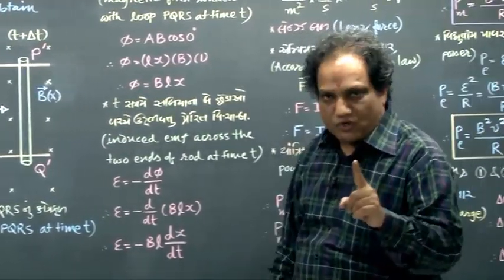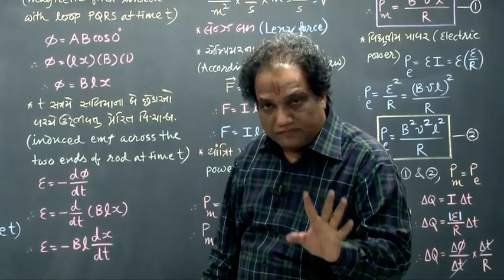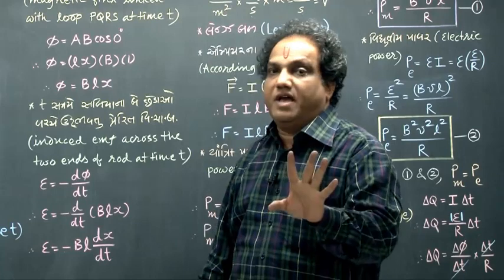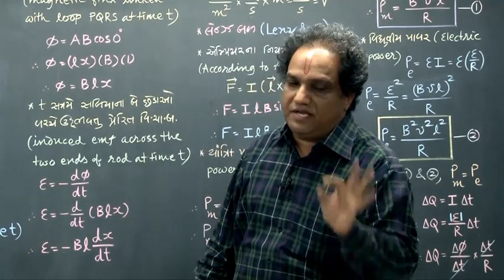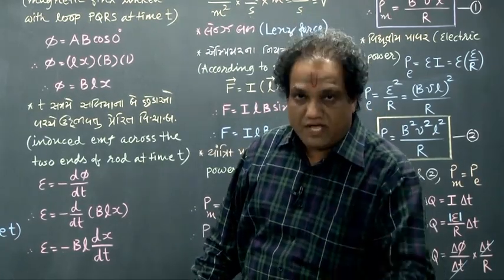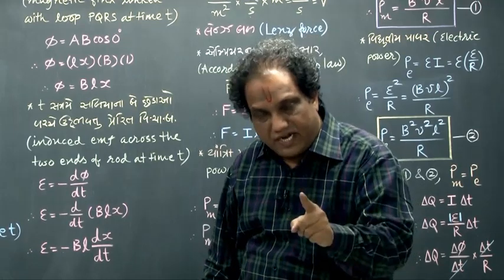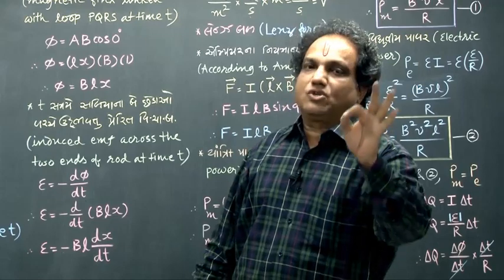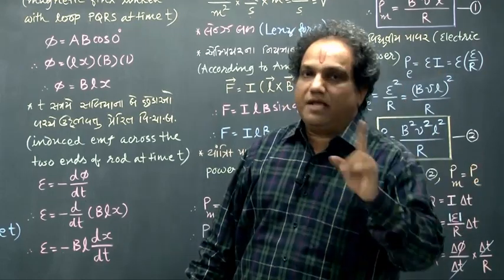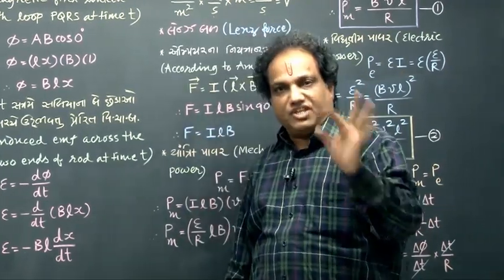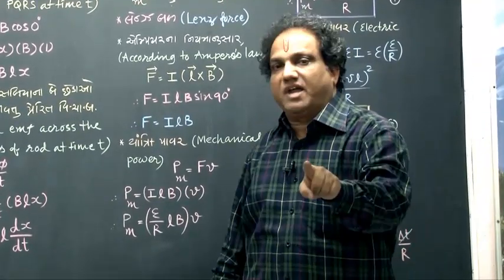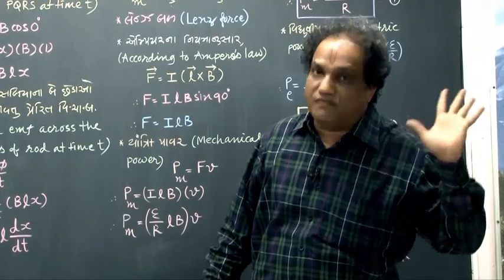A resistive force exerted on a current carrying wire moving in a magnetic field is called Lenz's force. I repeat, a resistive force exerted on a current carrying wire moving in a magnetic field is called Lenz's force.